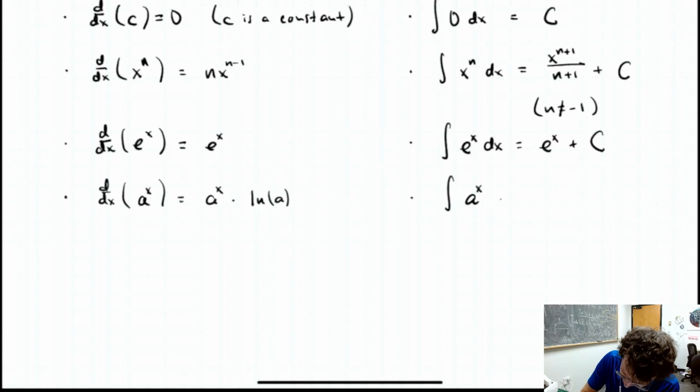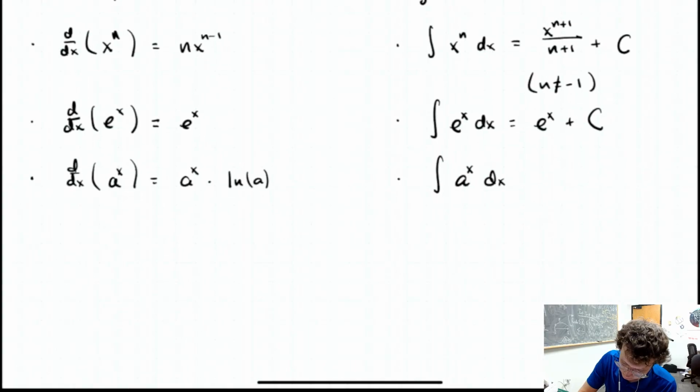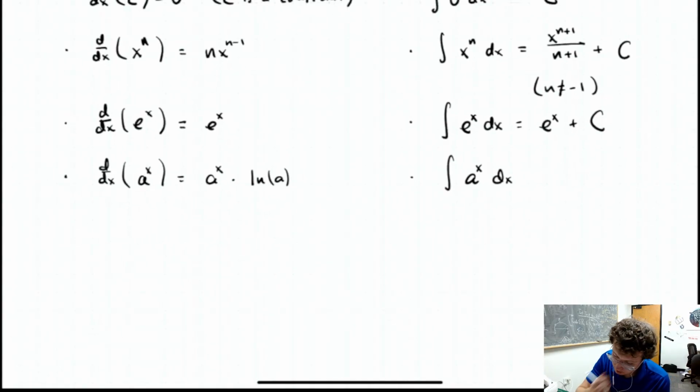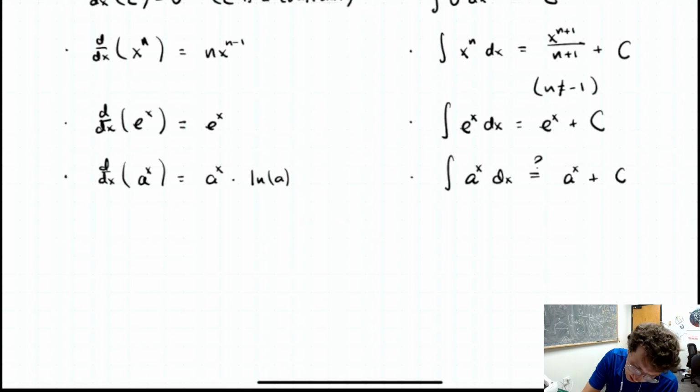What if we integrate a to the x? So you might guess that it's a to the x plus c. And then to confirm if that's right, you would differentiate this a to the x and see if you get a to the x.